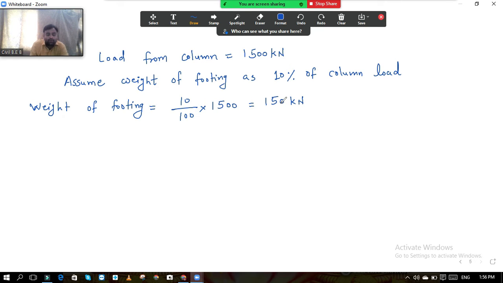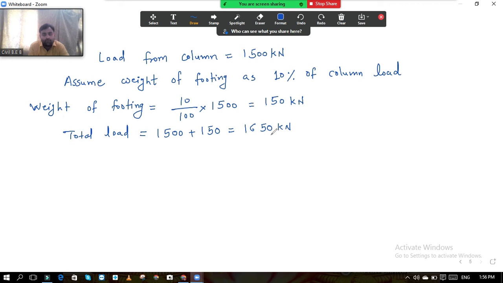First understand, this is the load coming from the column and this is the self weight of footing, also called the dead load of the footing. Now what is the total load? Total load is equal to 1500 plus 150. How much is it? It is 1650.